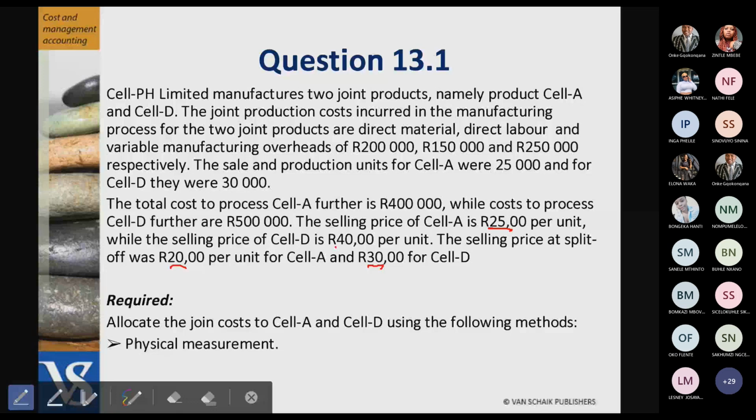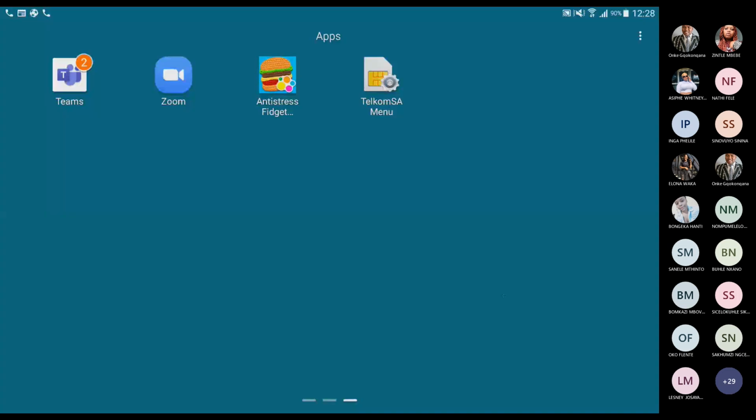Allocate the joint cost to Cell A and Cell D using the following methods. So the first one is your physical measurement or physical units. That's the first method that we are going to make use of.